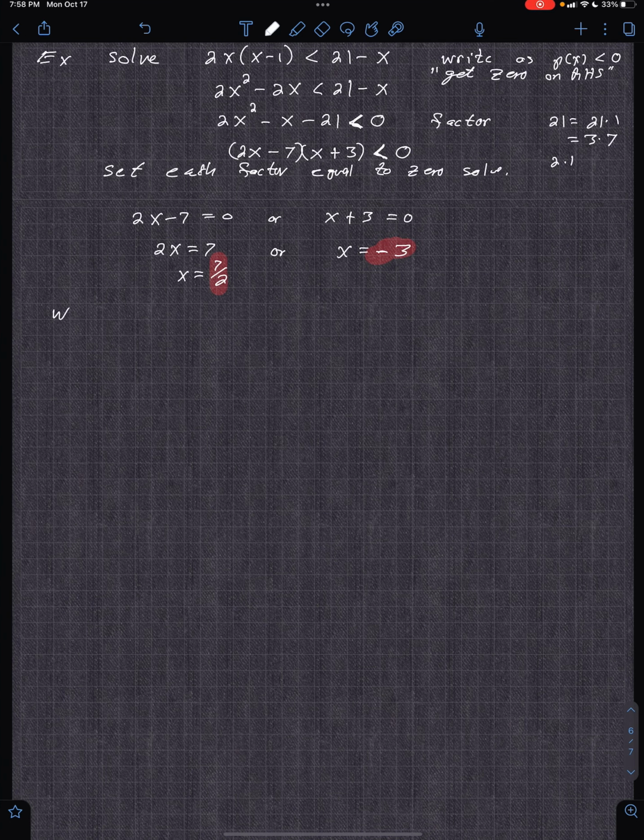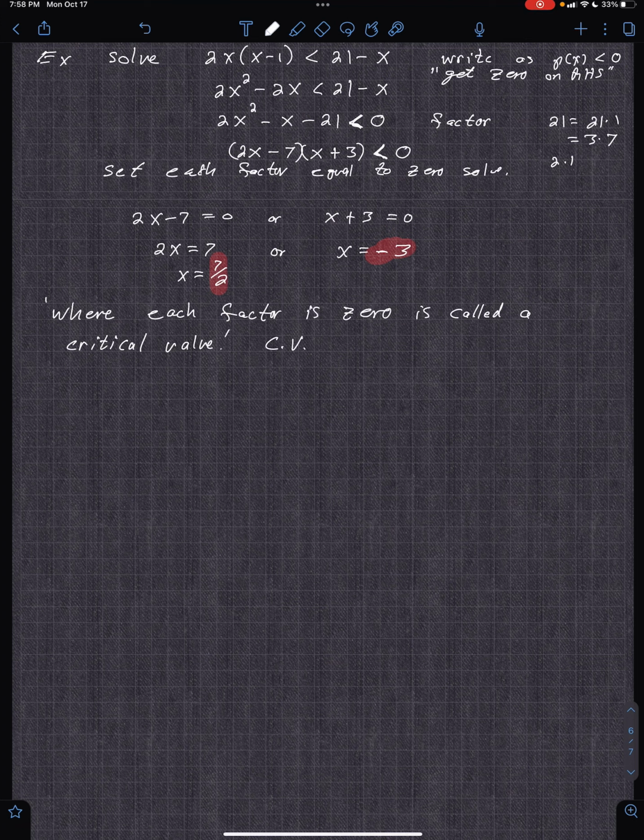So another statement, kind of in quotes, I guess: where each factor is 0 is called a critical value. And there's a reason we call it a critical value, or sometimes just CVs.